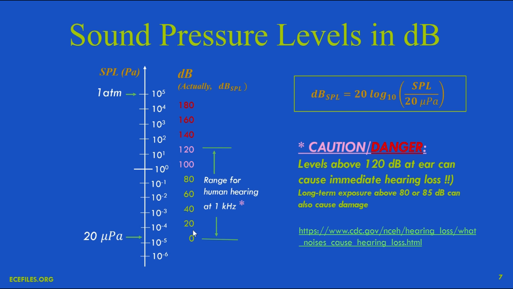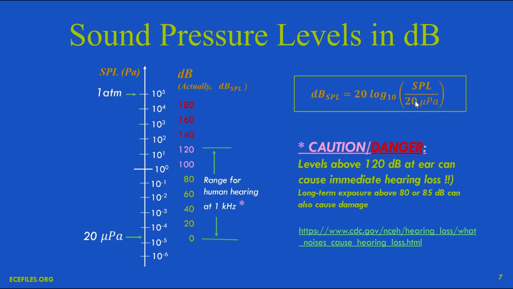So this is a little weird because previously I was talking about factors of 10, adding 10 dB. That's in power. This is a sound pressure level. And here's the formula for converting from sound pressure level to dB. You take the ratio of the sound pressure level you're interested in, say 200 micropascals, to the reference level, the 0 dB point, that is 20 micropascals, so this number is 10.